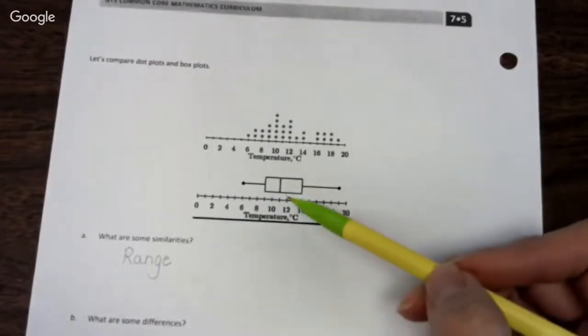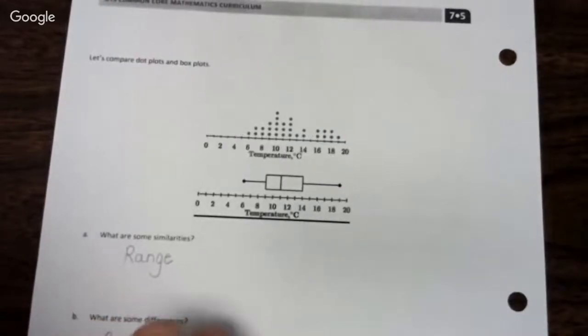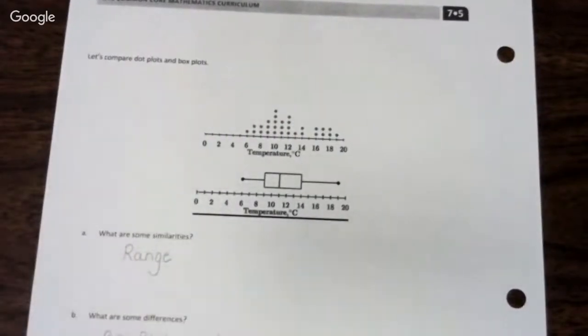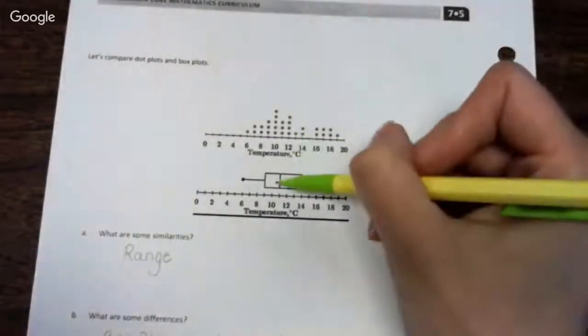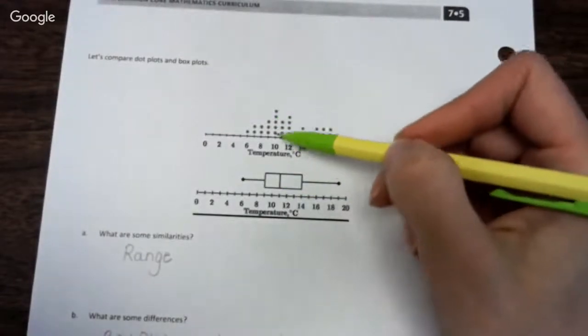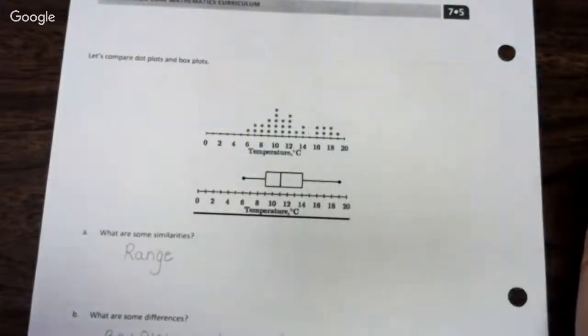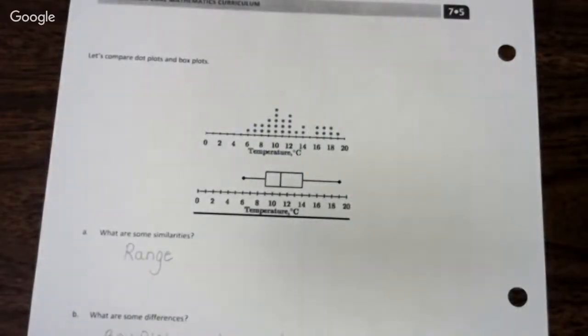Now, the difference is from the box plot, we can only find the median. We cannot find the average or the mode because we don't have the actual dots. Whereas in the dot plot, you can see the mode is 10 most often. You could actually calculate the mean.